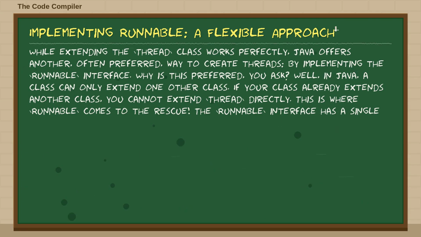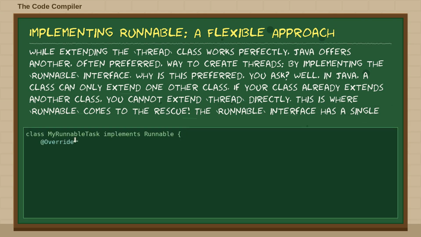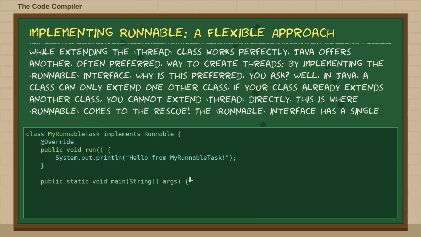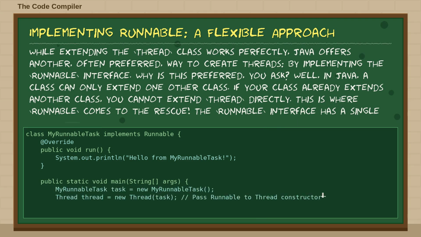This approach provides much more flexibility because your class can still extend another class while also providing thread-specific logic. It promotes better separation of concerns, keeping your task definition distinct from the thread management itself. Let us look at a basic example of how to use the Runnable interface.